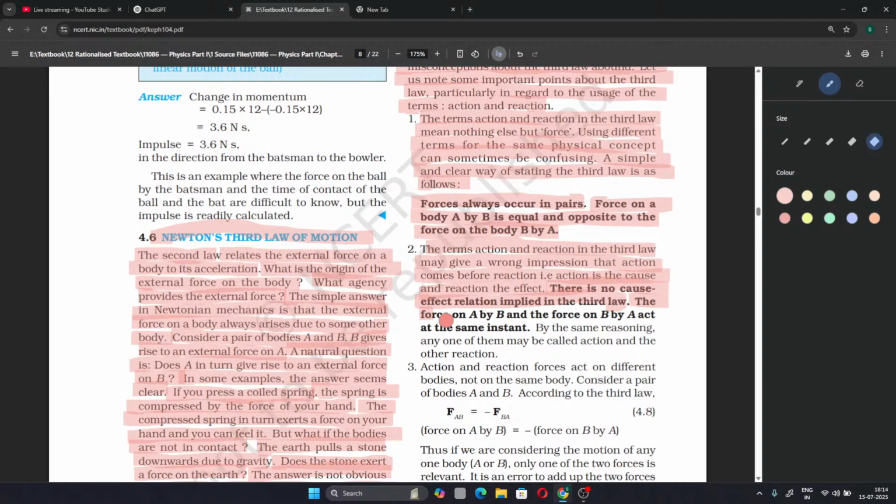The force on A by B and the force on B by A act at the same instant. By the same reasoning, any one of them may be called action and the other reaction.